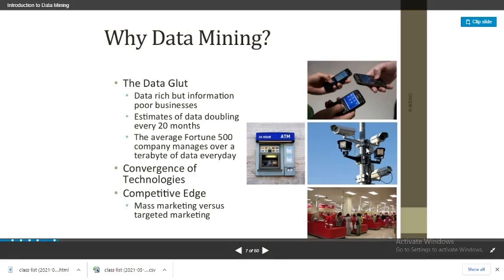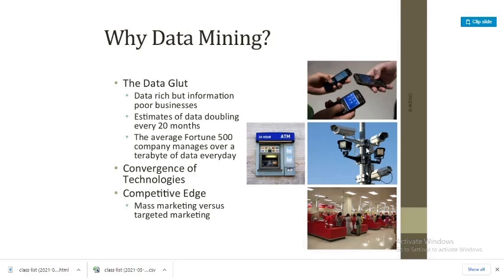At a particular crossing or circle, you can process which vehicles are moving: how many cars, how many two-wheelers, how many goods vehicles. You can get this information from the CCTV cameras.